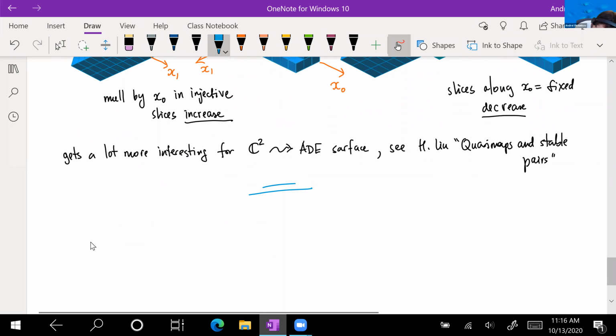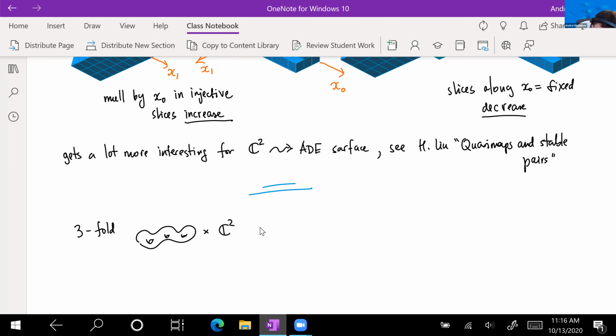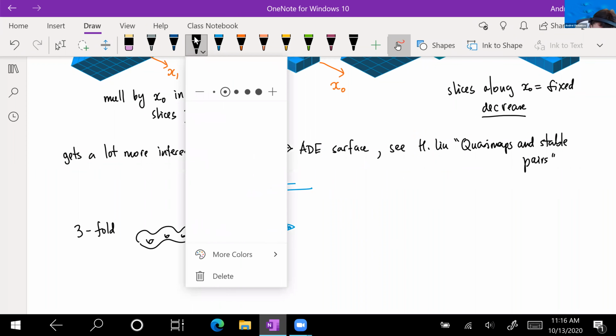Now, one thing I want to say is that when we took the threefold to be of the form a curve direct product C2, well, we could have taken, instead of a product, a bundle, right?